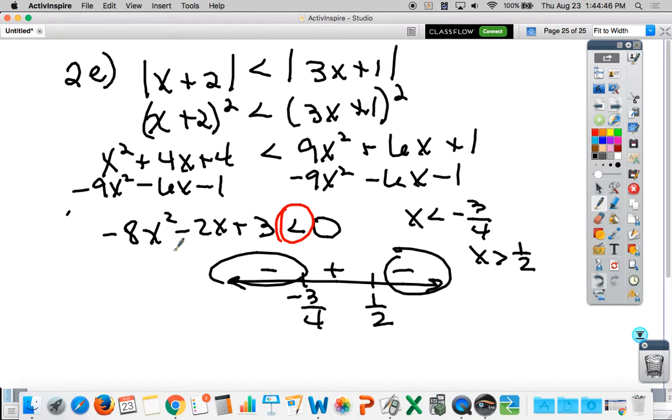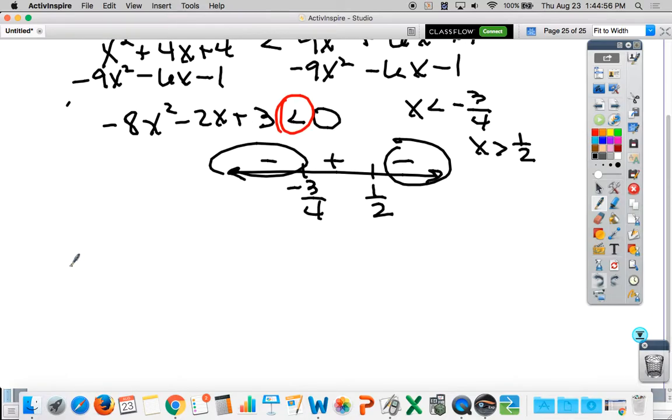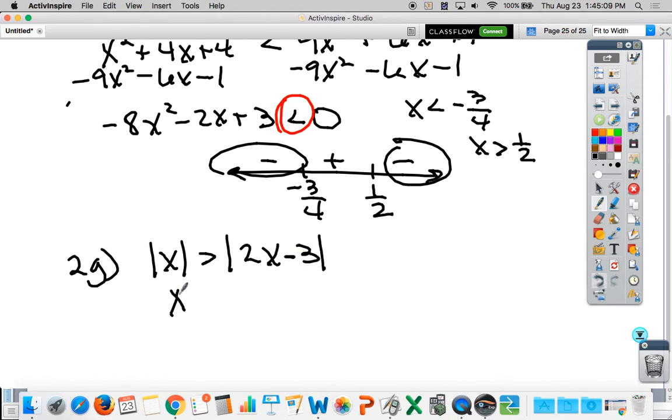All right, are we okay on those? All righty. And 2G. So I'm going to square both sides. I'm getting lazier and lazier.